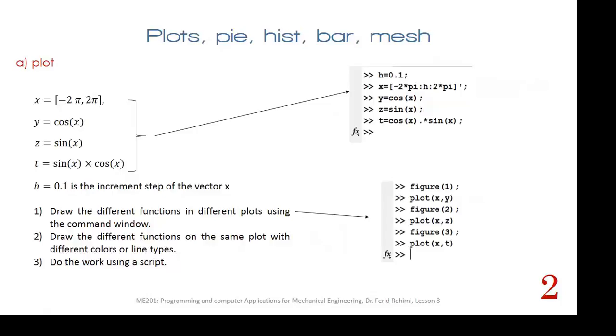And in this figure number 1, I will plot y on the vertical axis and x on the horizontal axis. So it would be plot xy. Figure 2, plot xz. Figure 3, plot xt.